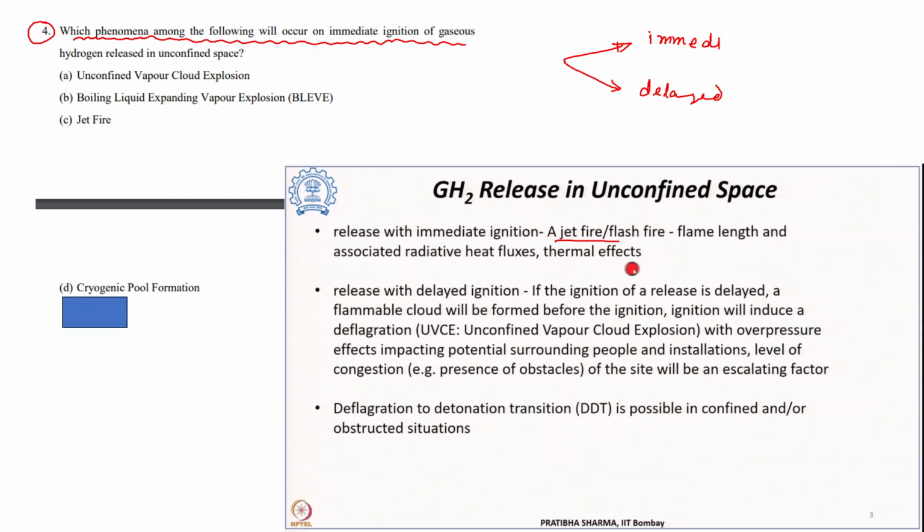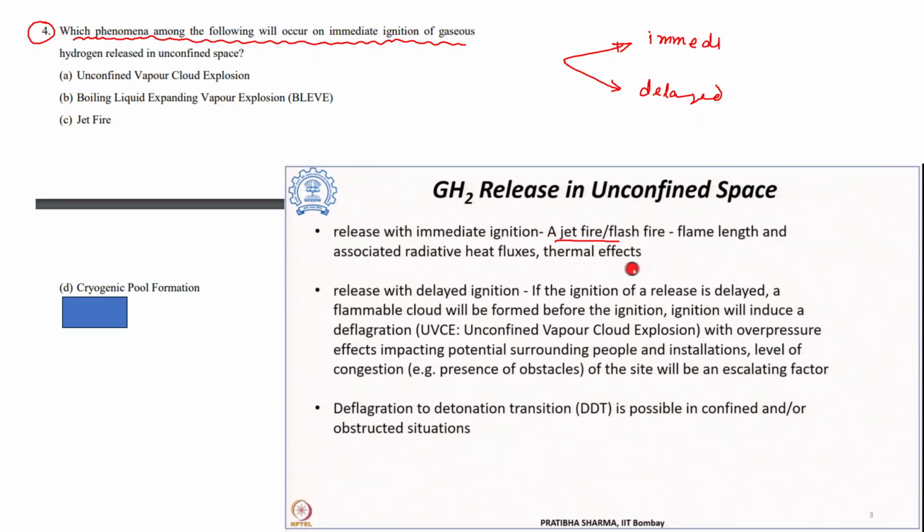So the outer surface will have fire, but the core of the jet will have high density, so there will be no fire, and it will propagate. That is called a jet, along with the fire outside it. Okay, that is acceptable.